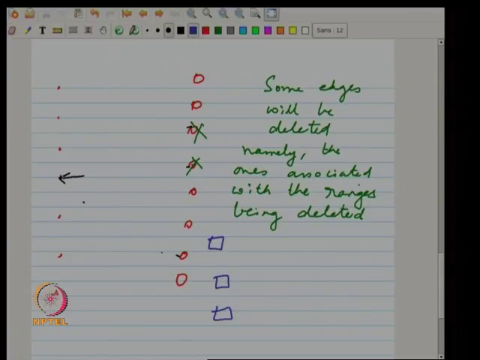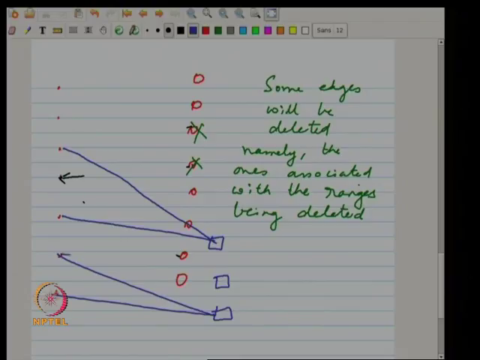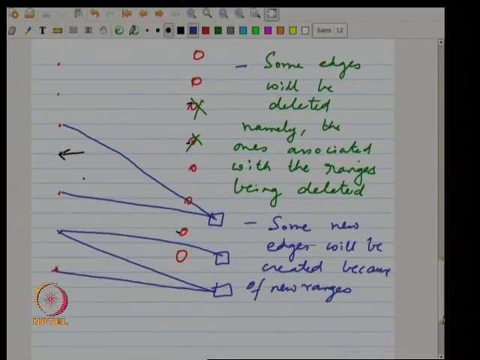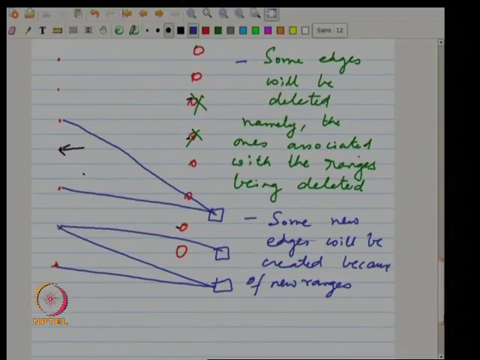So those edges are affected, and there are some new edges which may be incident to the new ranges. If you look at the structural changes in the graph, we will have to account for the edges that are deleted and the edges that are created.